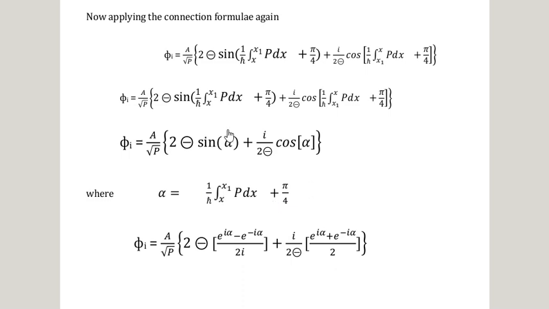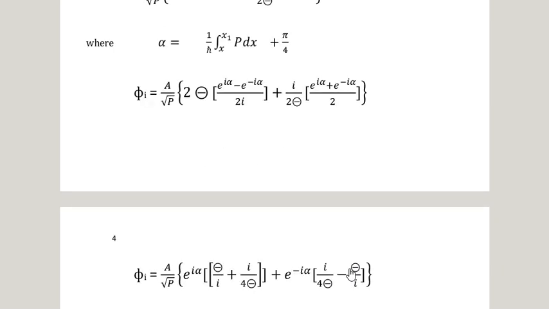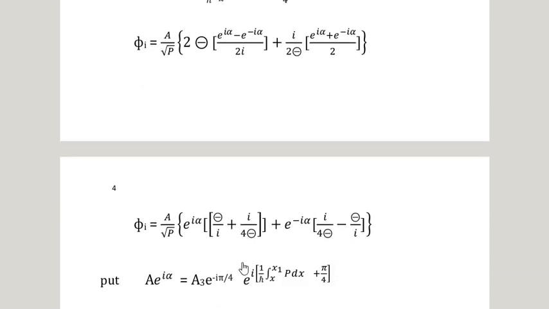Now again transform: sin alpha is e to the power I alpha minus e to the power minus I alpha upon 2i, and cos alpha is e to the power I alpha plus e to the power minus I alpha by 2. Then this equation is separated. e to the power I alpha has this term, and e to the power minus I alpha has this term.